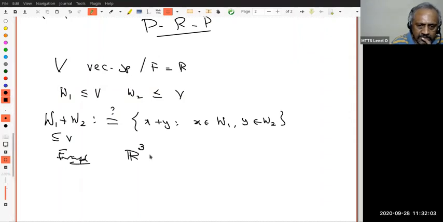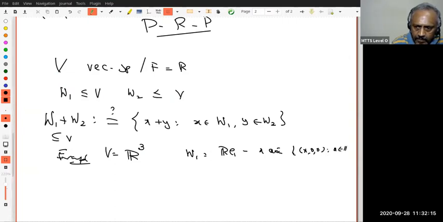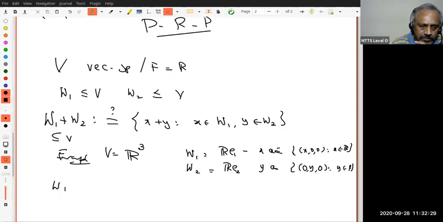Let me take R3 equal to V and my W1 to be R times E1, that is the x-axis. That is the same as x, 0, 0, x in R. And now I know what I'm going to do. Can somebody tell me? Let us take E2, that is the y-axis. That is 0, y, 0, y in R. Now what is W1 plus W2?